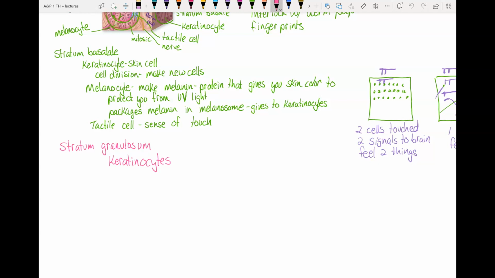They're going to connect to each other. Your skin is one continuous sheet over your whole entire body. That's because all these cells are linked to their neighbors. It's kind of like they all join arms together. And these connections that they form are called desmosomes.